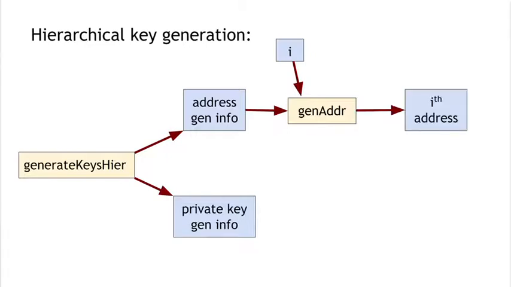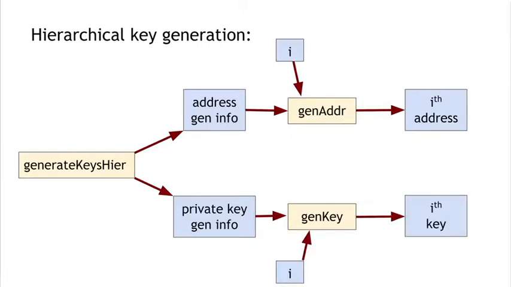And that will generate the ith address in a whole series of addresses. And we can do this for any integer i. Any integer i, we can generate the ith address in the sequence given only that integer and the address generation info. Similarly, on the private key side, we can take this private key generation info and use it to generate a key, again using any integer i. And what we get is the ith key in the sequence. Right. Now what makes this useful is that it has two important properties.